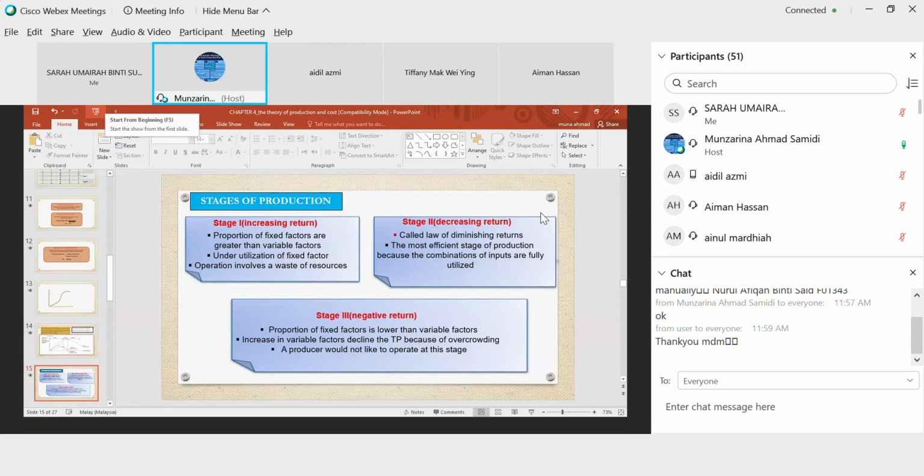So it will be irrational to produce beyond MP equal to 0, because taking an additional unit of labor will reduce your total output. Okay, here is stage 3. So it is not rational to produce at this stage.